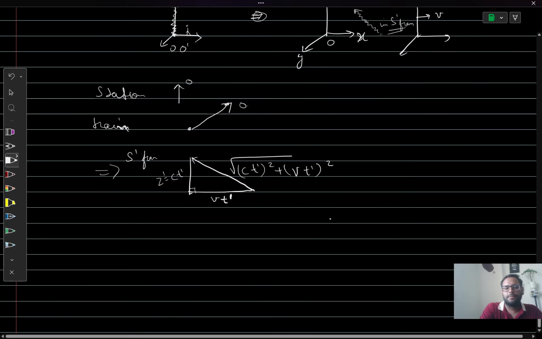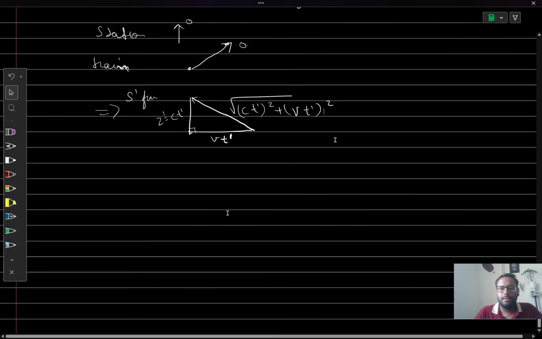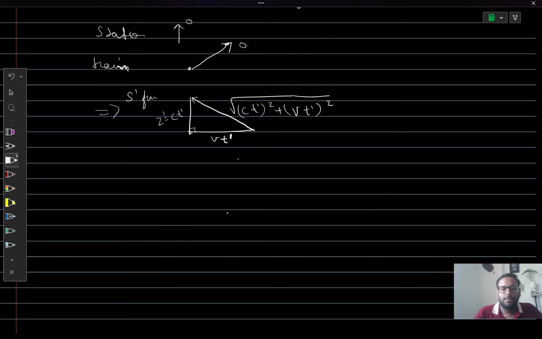So this is the path covered by the light. So you can say in both frames, x prime squared plus z prime squared will be equal to ct prime, if I'm correct.